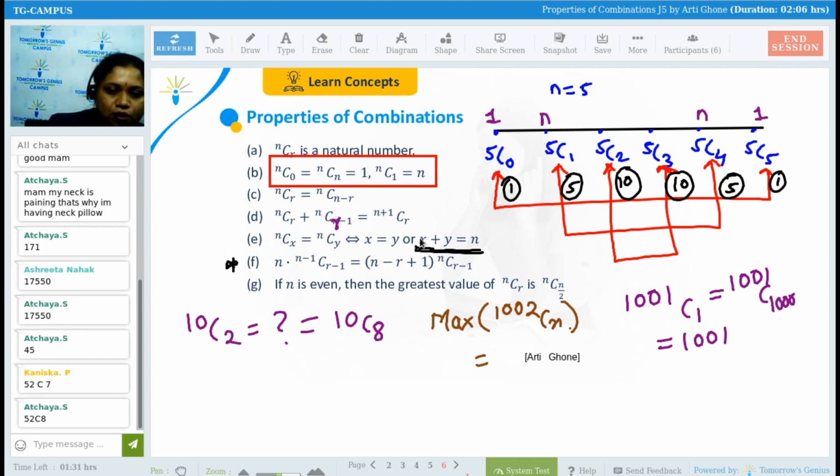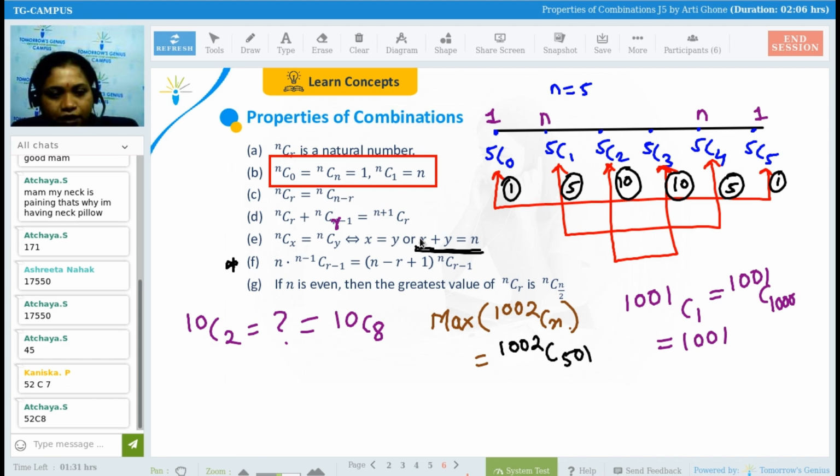The maximum of 1002CX will arise at 501, 1002C501. Clear? Okay.